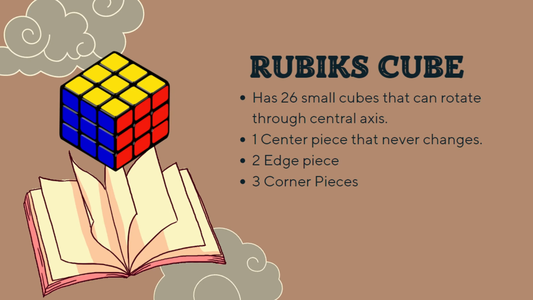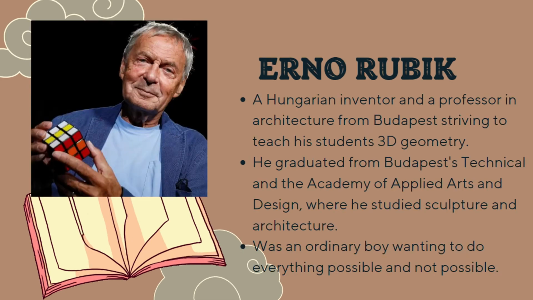So who invented the Rubik's Cube? Erno Rubik invented the Rubik's Cube. Imagine he is in the picture. He is old right now. He was a Hungarian inventor and a professor of architecture from Budapest, striving to teach his students 3D geometry.